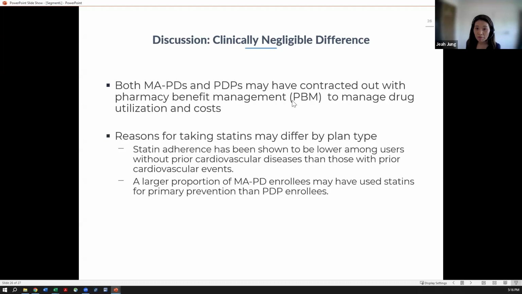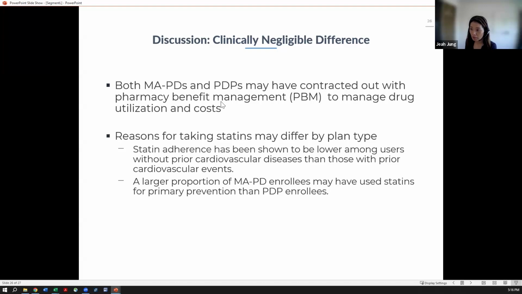These PBMs do a lot of things to manage drug utilization. They want to steer their beneficiaries to take certain types of drugs, and they might do some interventions. They design benefits, they set co-payments, and when they implement interventions, these PBMs might not distinguish whether this is MAPDs or PDPs. They just do the same intervention to all types of plans that they serve.